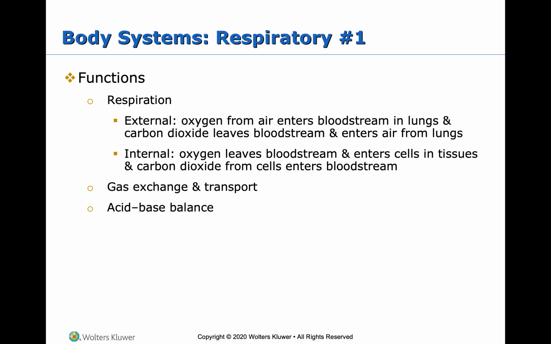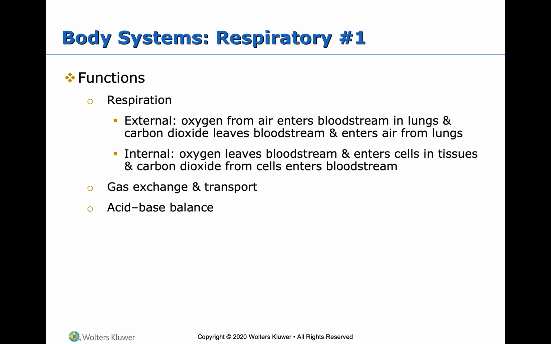enters the bloodstream. So, if we think about how the blood flows through your body, your arteries are taking oxygenated blood away from the heart to your tissues. Once it gets to the tissues, that would be considered internal, as the oxygen is going from the bloodstream into the cells to feed the cells and tissues.